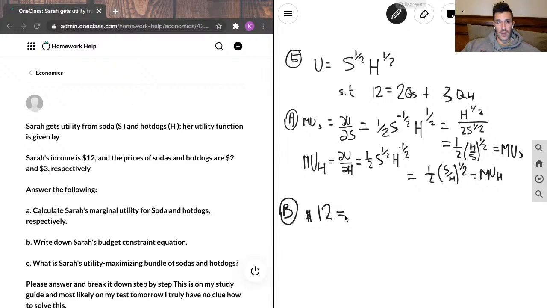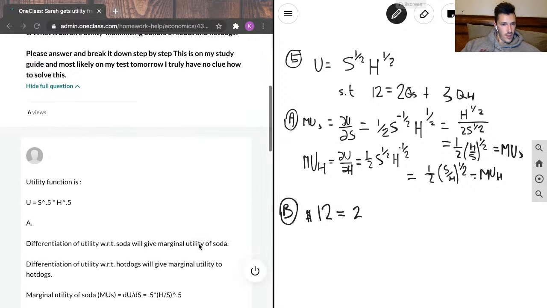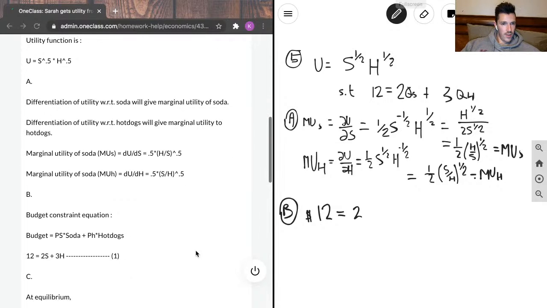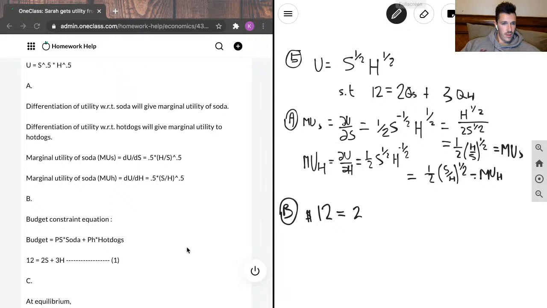So she has $12 to spend between sodas, which are $2, and hot dogs, which are $3. So that is our budget constraint.